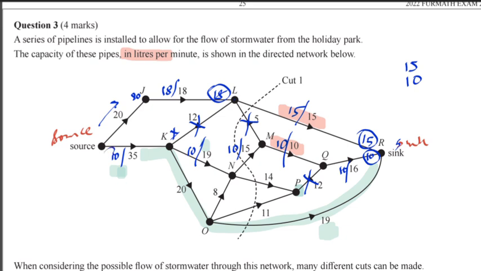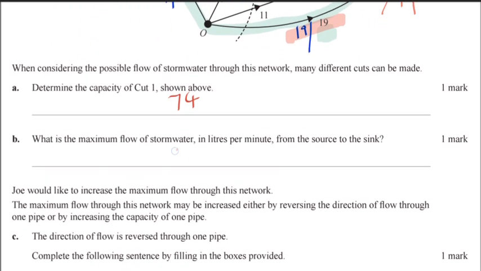And so we say another 19 flows through, 19 here, 19 and 19. And the maximum saturation has happened here. So 15 plus 10 plus 19 will give you a value of 44, which is the maximum flow.